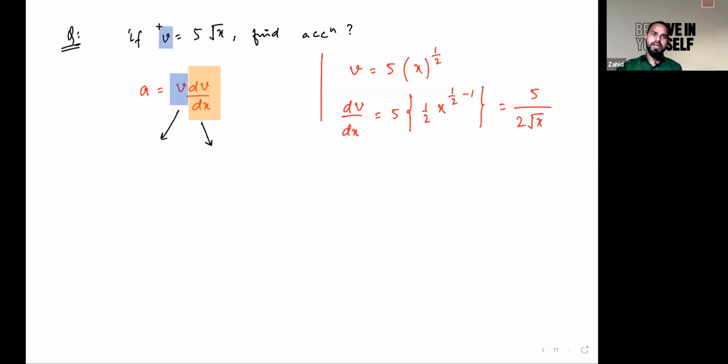Put the value of v as it is, this part. And next, the value of dv over dx as this part.